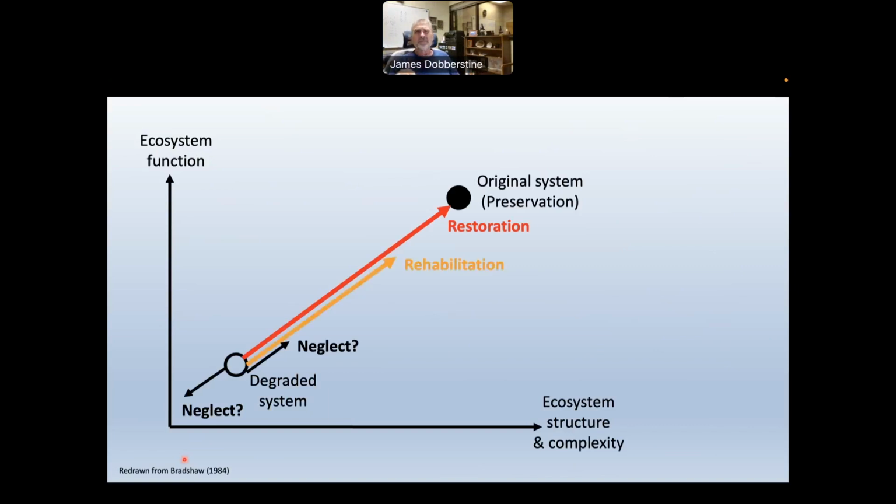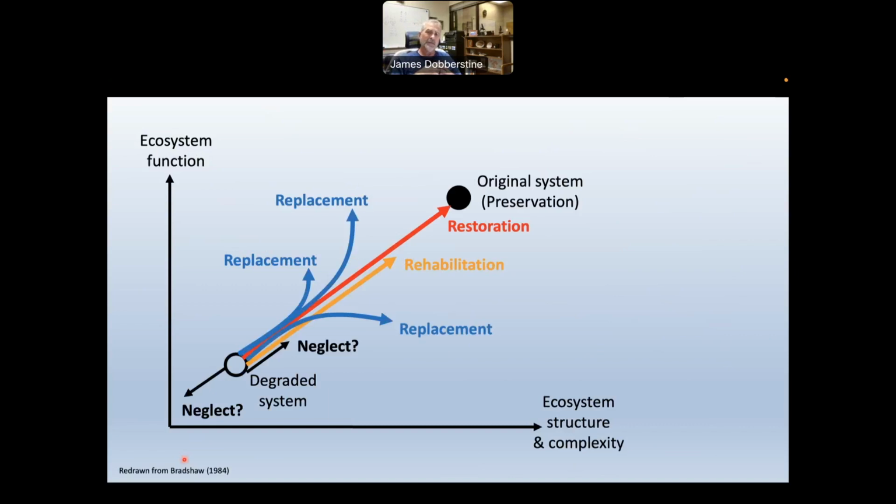Now, you will sometimes hear this other term, rehabilitation. Rehabilitation is you're fixing things, but you're not really restoring it back to its original function. It's more of an improvement than taking it all the way back to the original system. In some instances, there are choices to replace those wetlands.